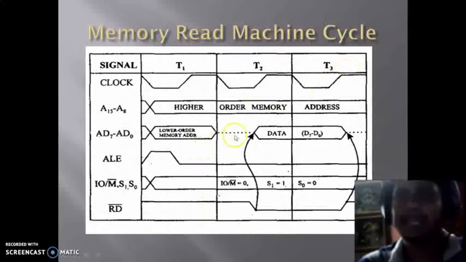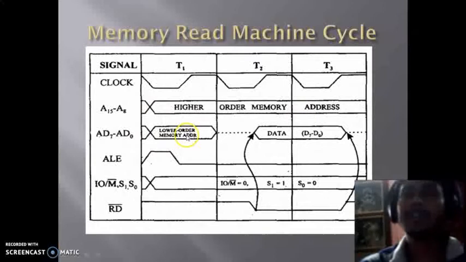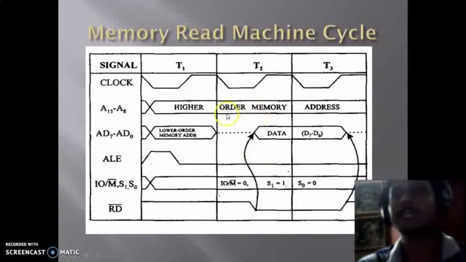At that time, the higher order address will remain the same, but the lower order address now behaves like a data bus, and the data will be placed into the data bus, meaning the read operation is going on. So the read signal will be low. That is the memory read machine cycle by which 8 bits of data can be read from a memory.